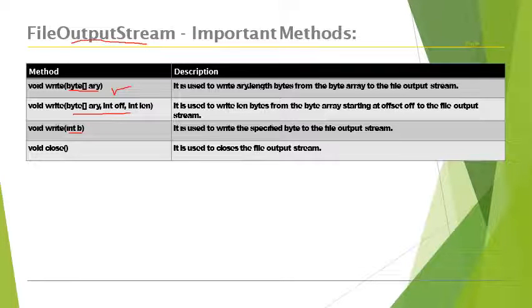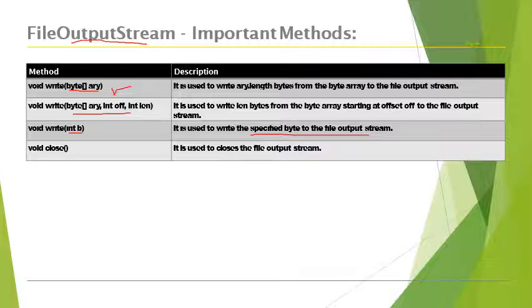In the case of void write(int b), it is used to write the specified byte into the file output stream. In OutputStream we were writing into the output stream only.